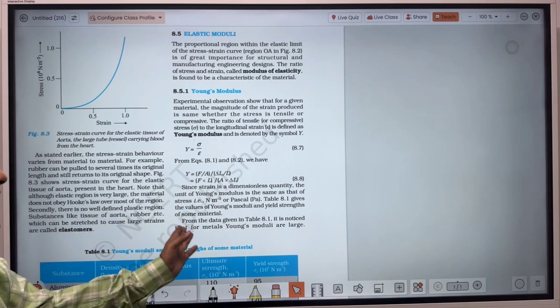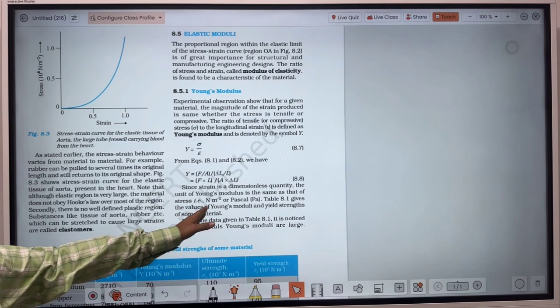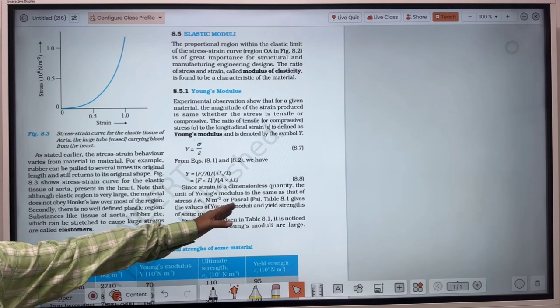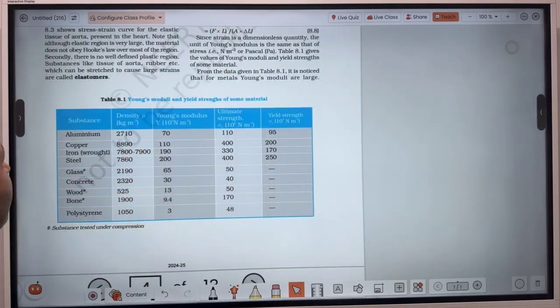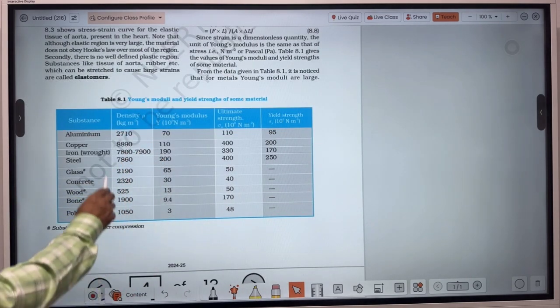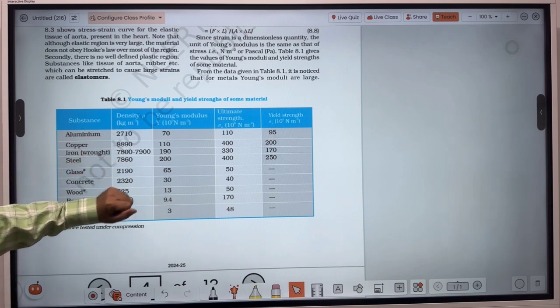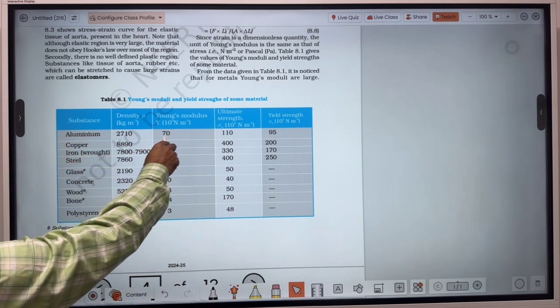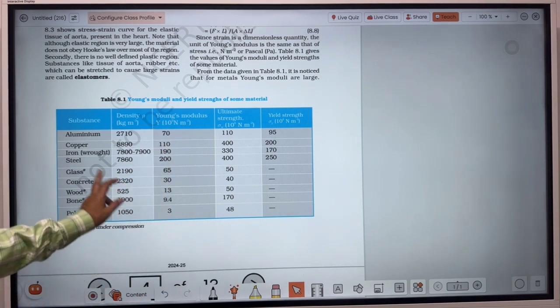Since the strain is a dimensionless quantity, as I told you, the unit of Young's modulus is the same as that of the stress, or Newton per meter square, or Pascal. Here in this table, you will see the various values. Like aluminum, density is this much. Young's modulus for aluminum is 70 into 10 power 9 Newton per meter square.